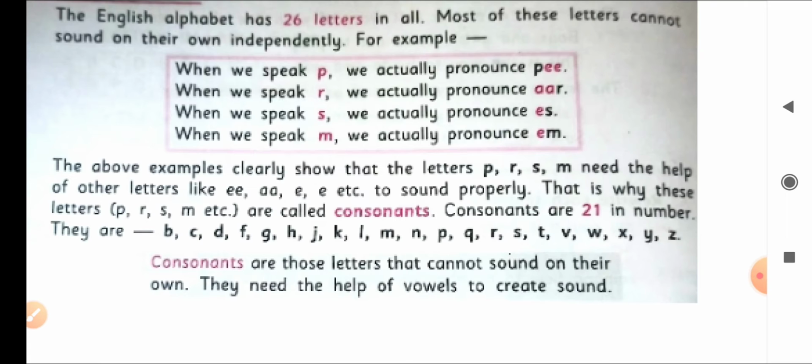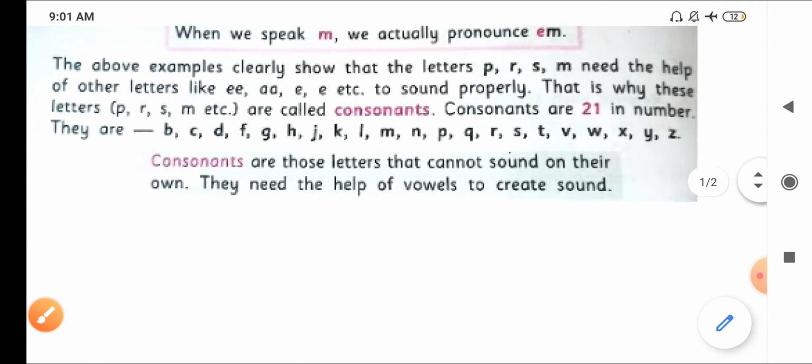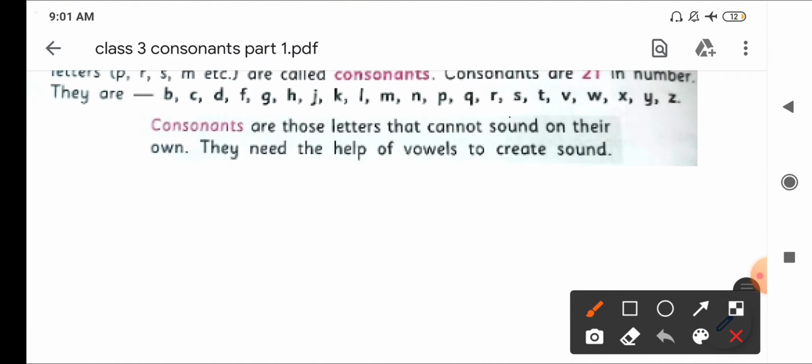Now we'll see the definition of consonants. See what is written over here. Consonants are those letters that cannot sound on their own, and they need the help of vowels to create sound.